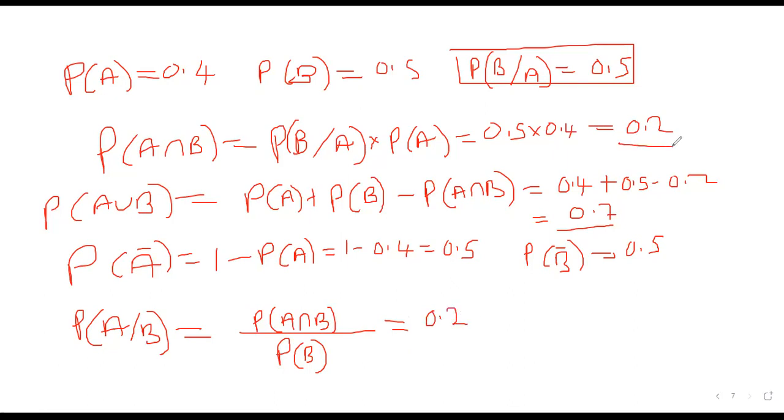We found it here, right? And what's the probability of B? 0.5. When you divide this into there, we get 0.4. So this is how we get our conditional probability.